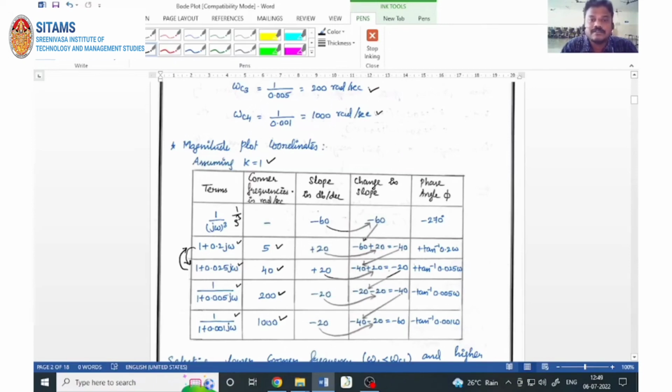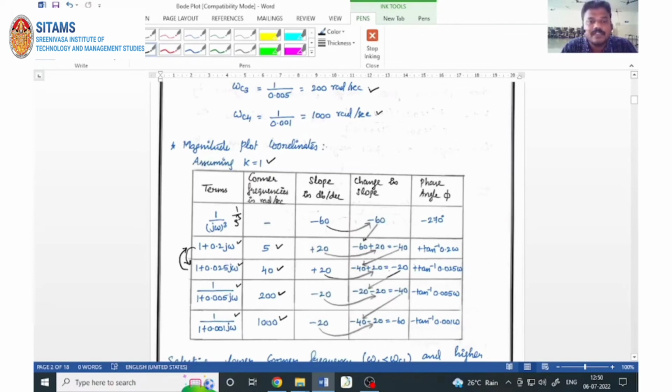Then after forming the terms, the second column is the corner frequency, which we already calculated in the previous step. So I can put the corner frequencies, and for the first term there should not be any corner frequency. Then the third column is slope. The slope is taken directly from s, whether it is present in the denominator or numerator, and the degree of that s.